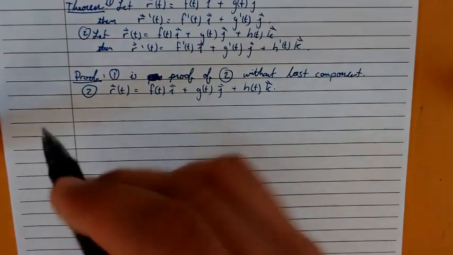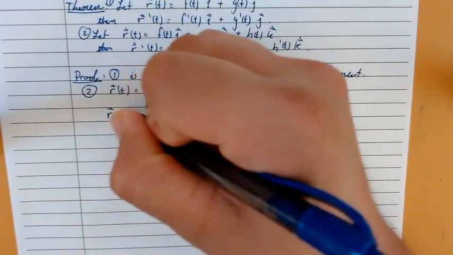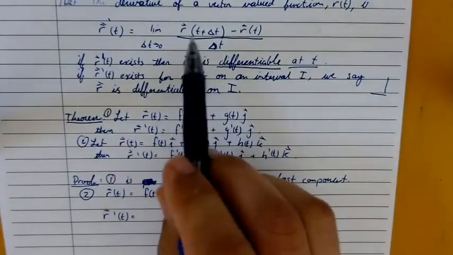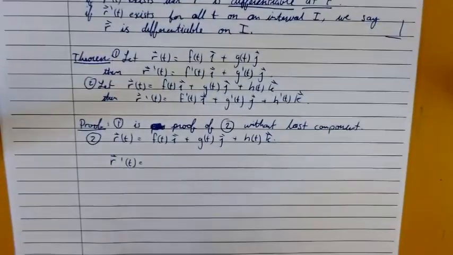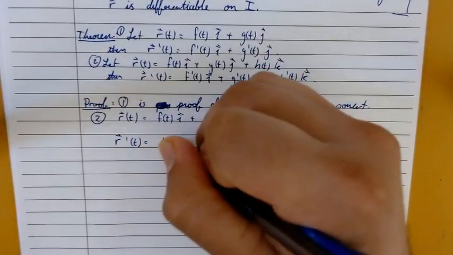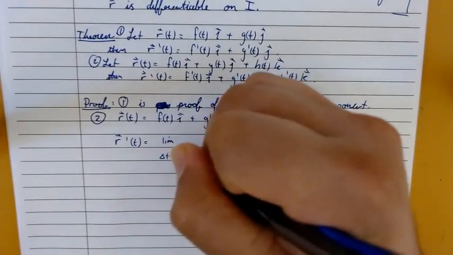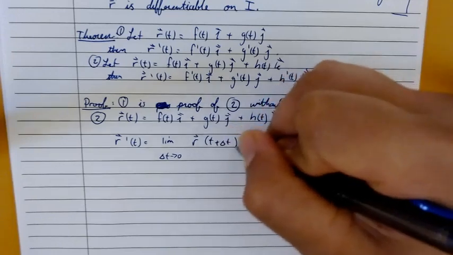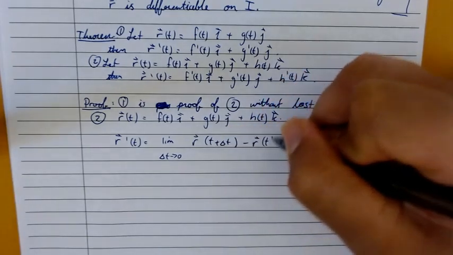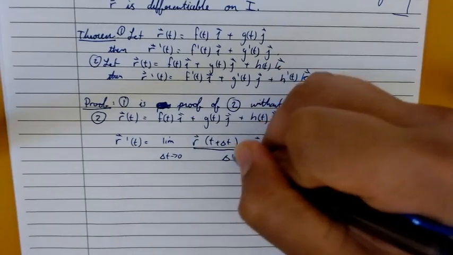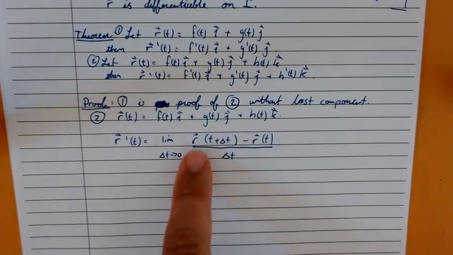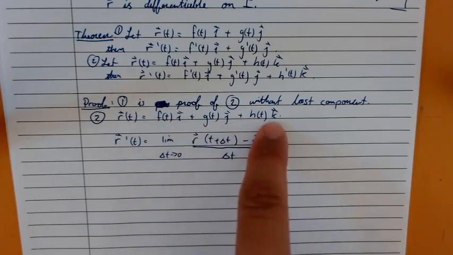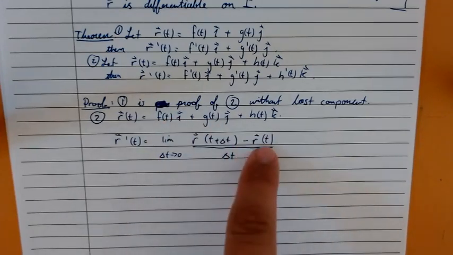Well, then going off of our definition, R prime of t is equal to the limit as delta t approaches 0 of R of t plus delta t minus R of t all over delta t. But now putting these together, R of t, we know what that is. That's that whole thing. So we can substitute that in there.